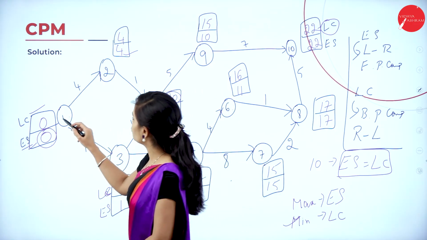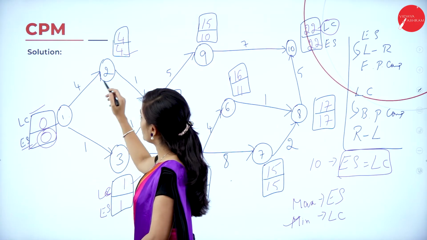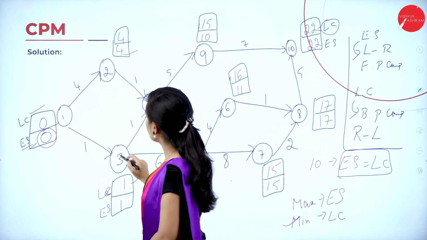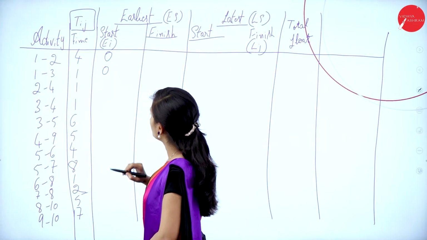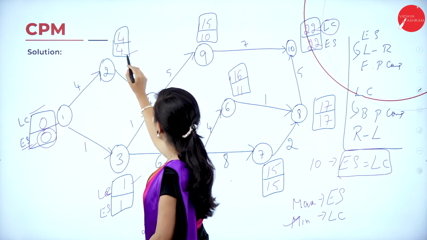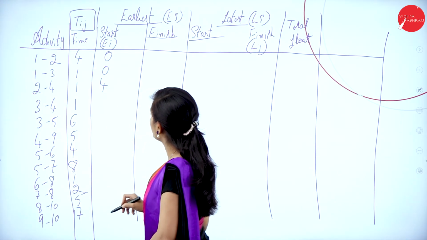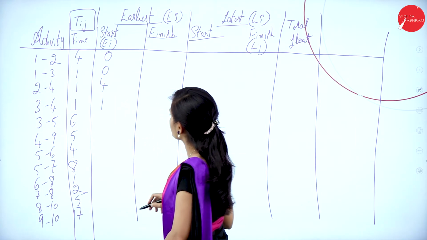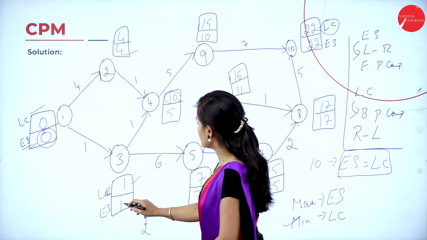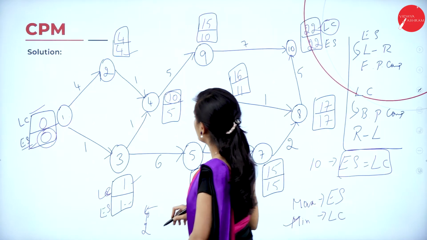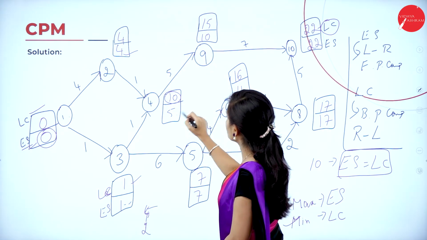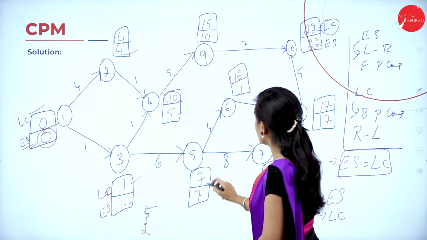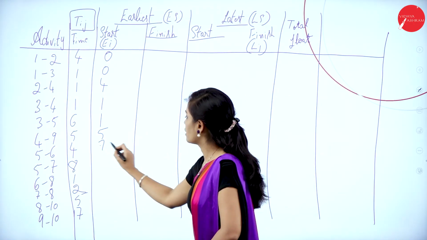So now I'll find out for 1 to 2, earliest time is 0. 1 to 3, earliest time is 0. 2 to 4, earliest time is 4. And 3 to 4, earliest time is 1. And 3 to 5, earliest time is 1. And 4 to 9, earliest time is 5. 5 to 6, earliest time is 7.